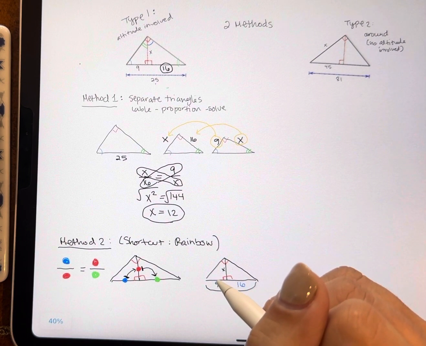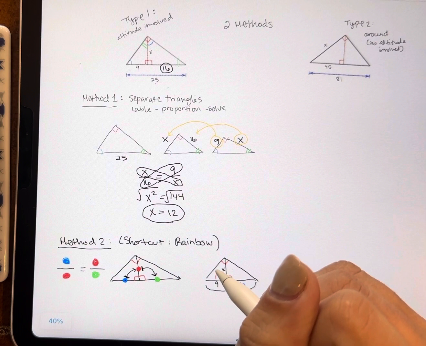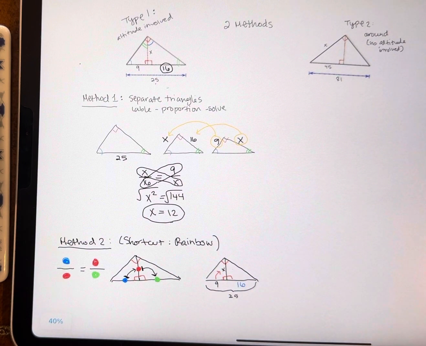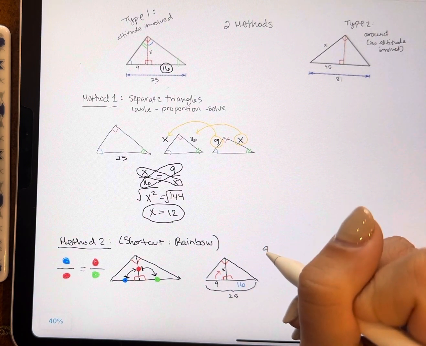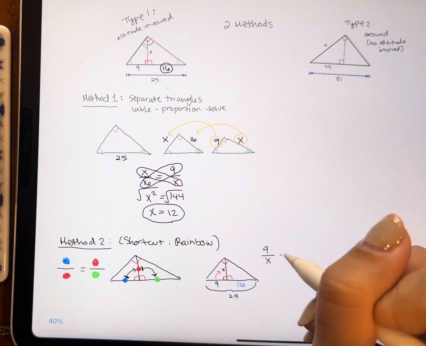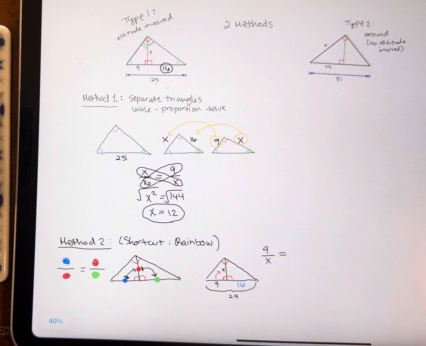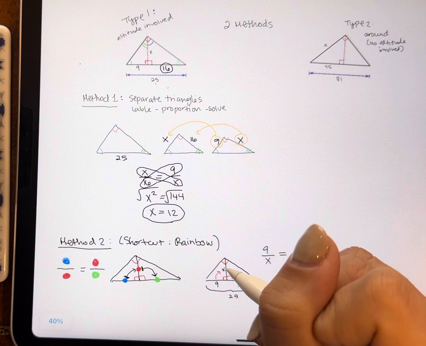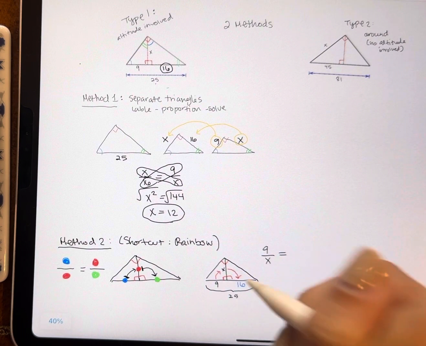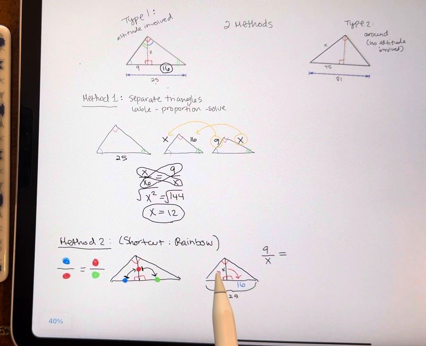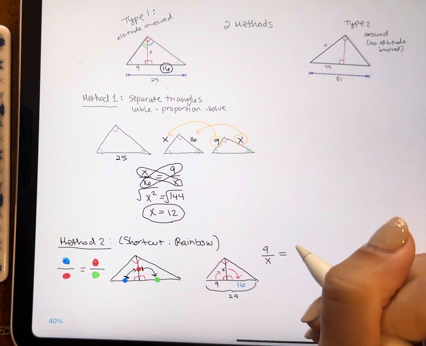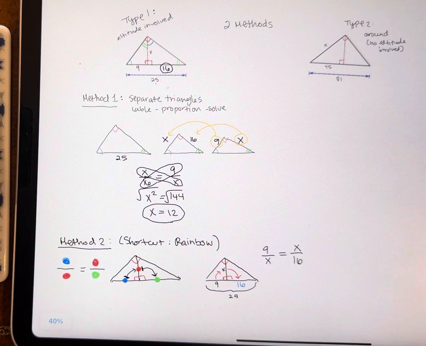Which means I'll go from 9 over x equals, and then I'll go from x to 16, the rainbow. Do you see the rainbow? So x over 16, okay?